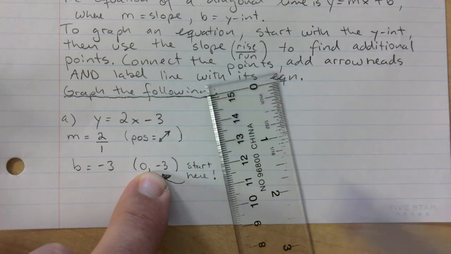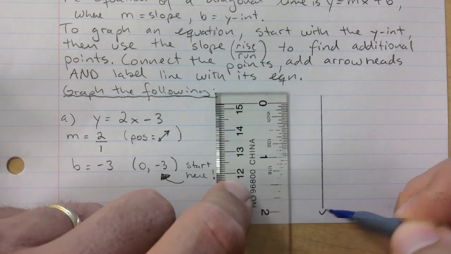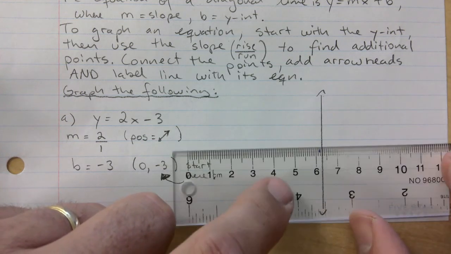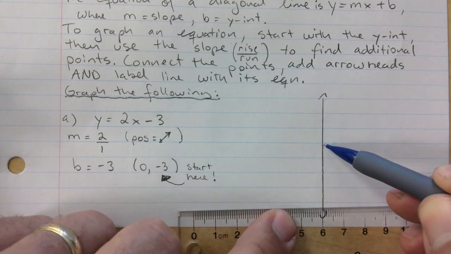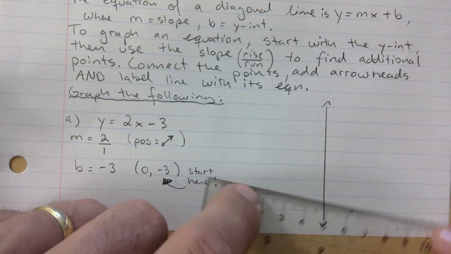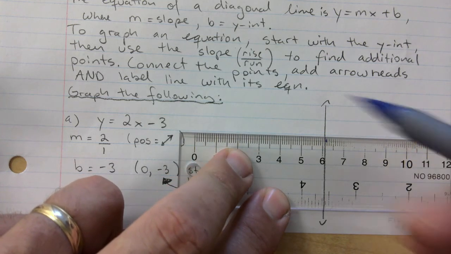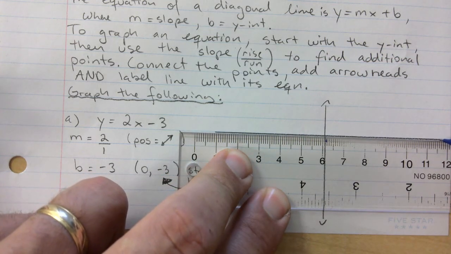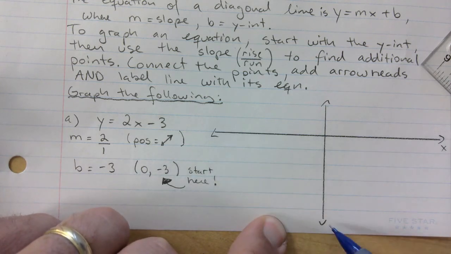So if you want to graph this, if this is my origin here, the origin is where the x and the y meet, right? You're going to start at -3 and then go up from there. So I'm going to make my x-axis be here. So this is my x, this is the y.